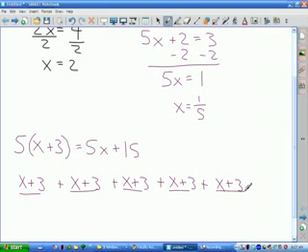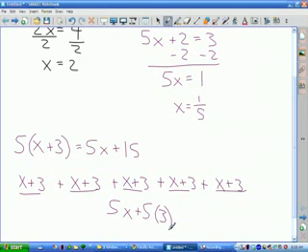So 5 times (x plus 3), that's what this is, right? And you can see 1, 2, 3, 4, 5 x's plus 5 3's. Okay, so that's why the law of distributivity works. We just call it the law of distributivity, but it's just multiplying.